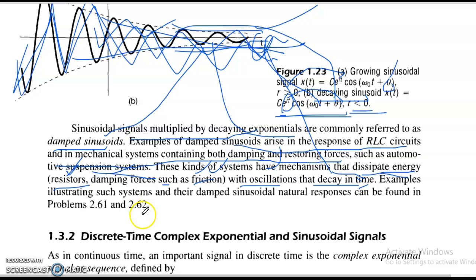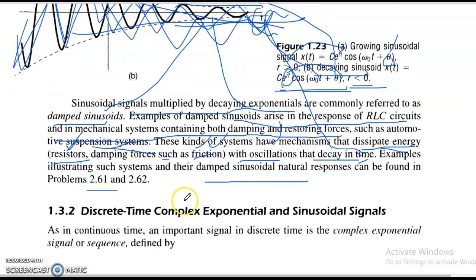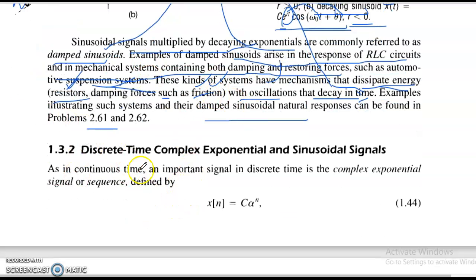Examples illustrating such systems and their damped sinusoidal natural response can be found in problems 2.61 and 2.62. We'll see those examples there.